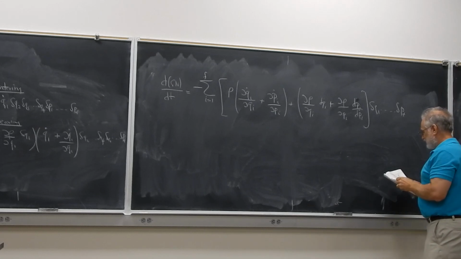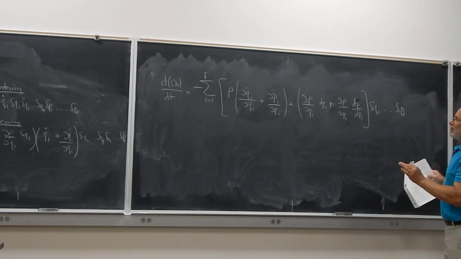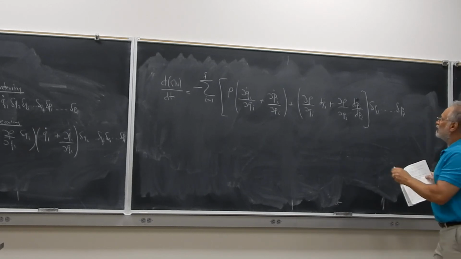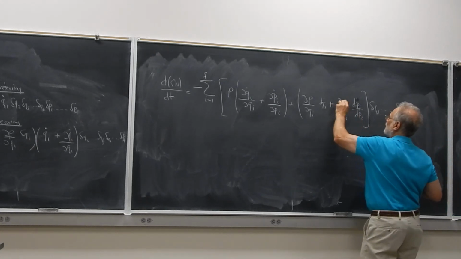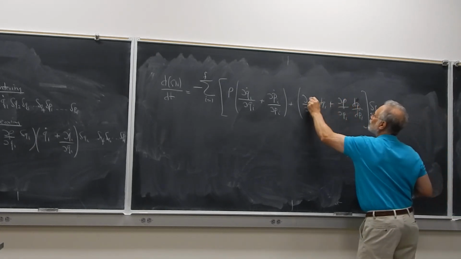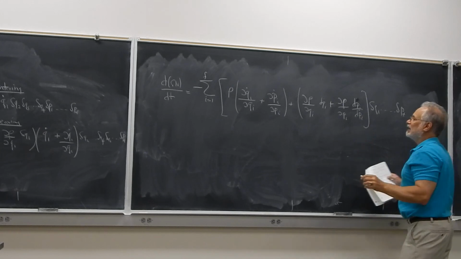It's a mess. We can simplify this a little bit, however. These are p's, not rhos. I'm sorry, these are rhos, and these are q's and p's.